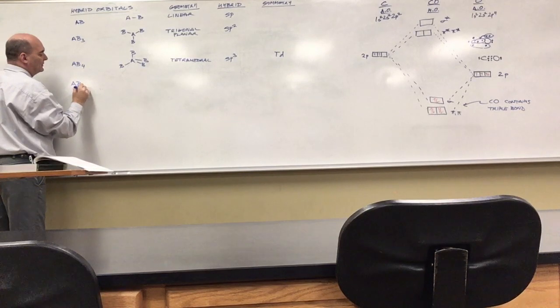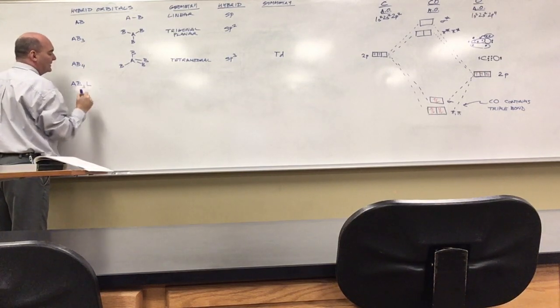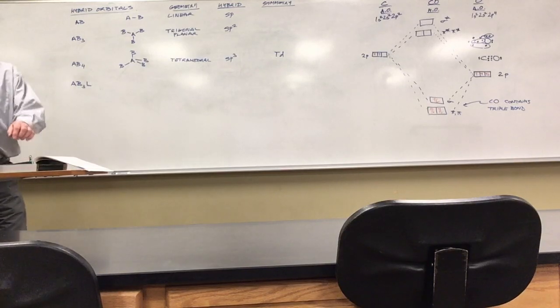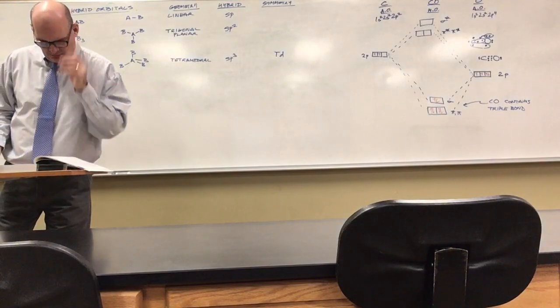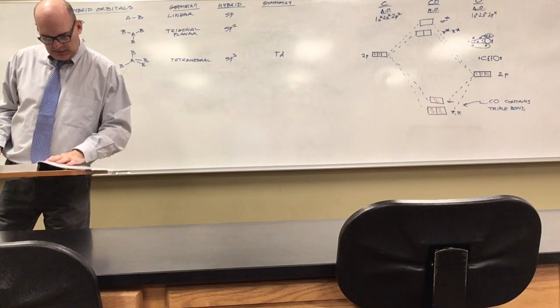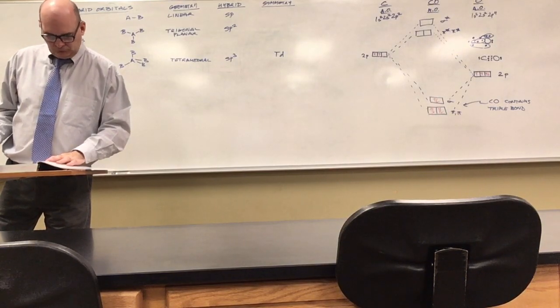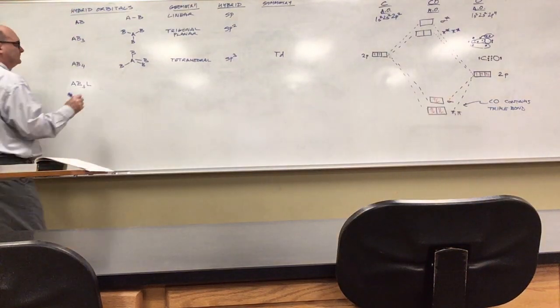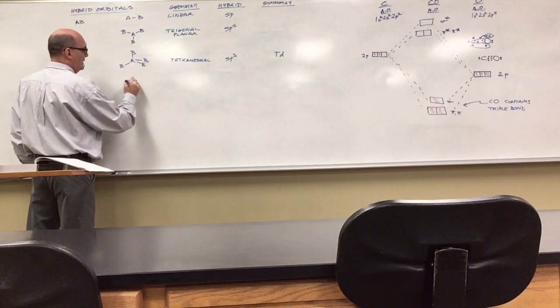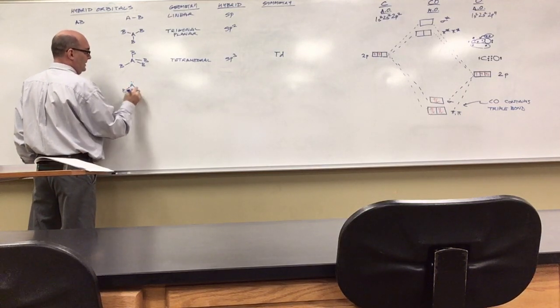Some texts write a lone pair of electrons in as L, and some texts write it in as U. So L gets to be the lone pair, and so now I have this.